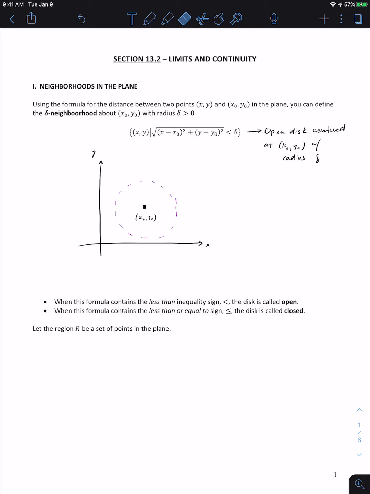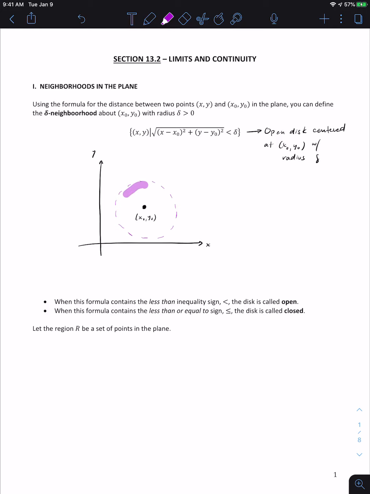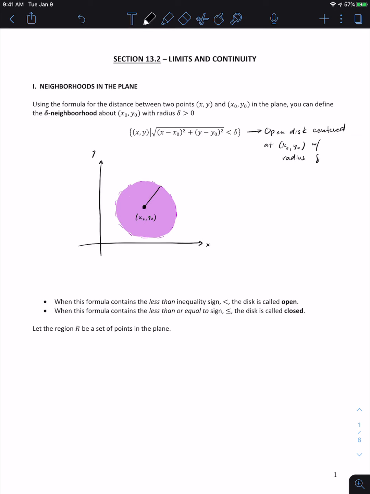If I were coloring this in, this is my delta neighborhood. Notice that this distance right here is delta, and that's why it's called a delta neighborhood.